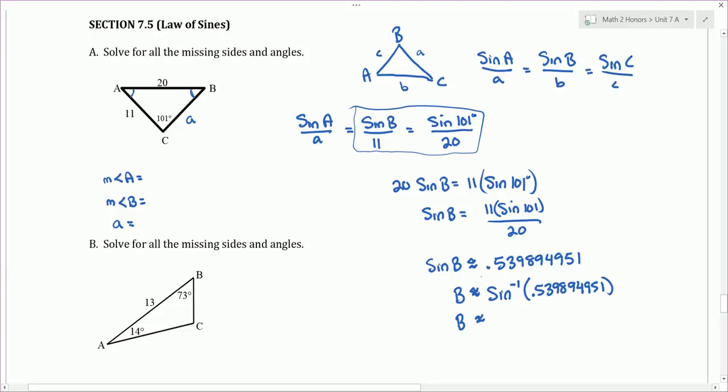So when I take the inverse sine, I get approximately 32.8, rounding to the nearest tenth. And we're talking degrees. So the measure of angle B is approximately 32.8 degrees.